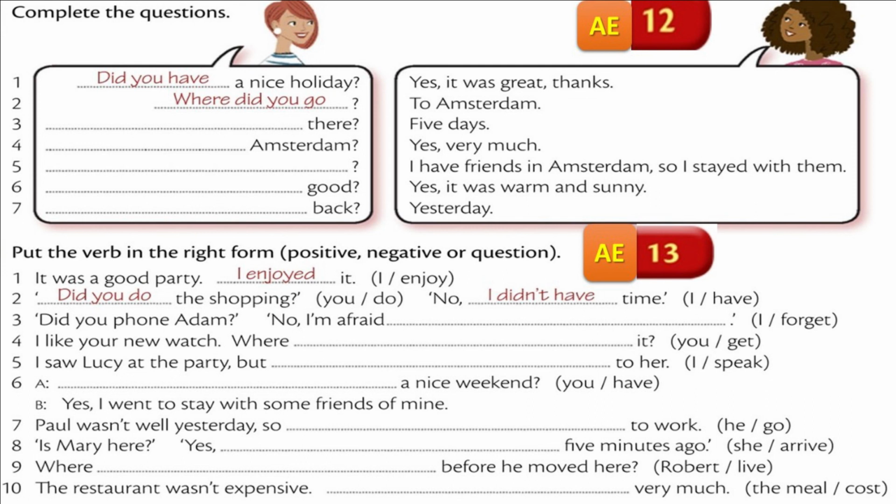Number 8. Is Mary here? Yes, she arrived 5 minutes ago. Number 9. Where did Robert live before he moved here? Number 10. The restaurant wasn't expensive. The meal did not cost very much.